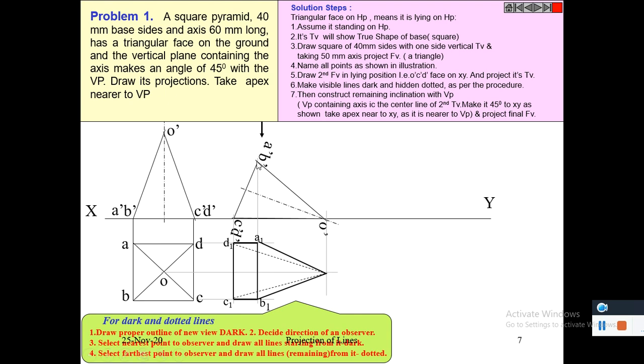So here the line from A dash from here and A from here gives this point, and B from here and B from here combines to give this point, and C is getting by producing this point and from this point, and D is getting by producing from this point and this point. So the base. Similarly, O dash from this point is produced here, and combined with this point we get O dash O1 here.